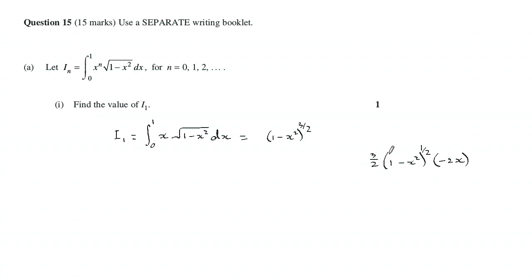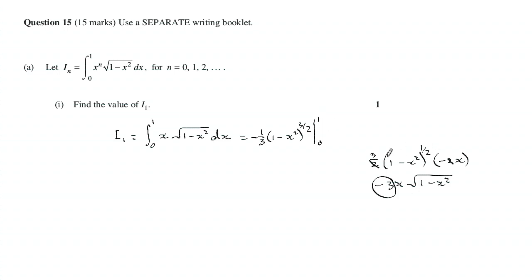So that's going to cancel with that, and you're going to get a negative 3x root 1 minus x squared. So we don't want to have a negative 3 there, because there's no negative 3 here. So we have to put a negative third out the front to compensate for that and get rid of it. And then that's from 0 to 1.